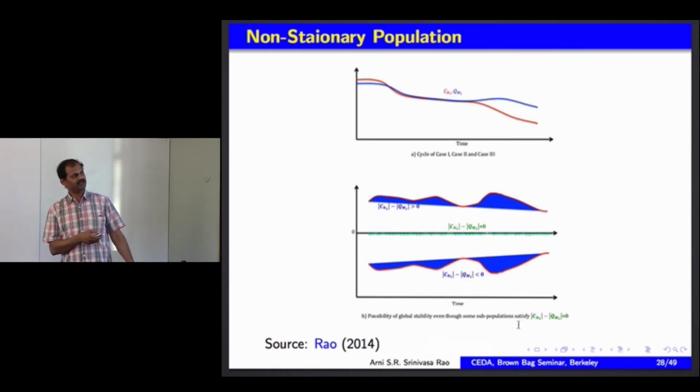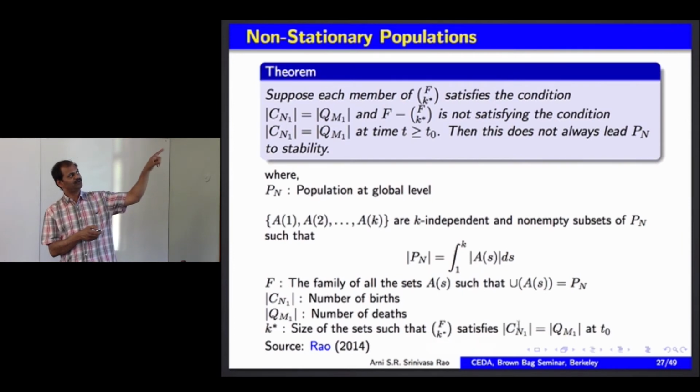It's a flat line because when Qn1 equals Qm1 under this condition, after a certain time, t greater than t0, F minus F is not satisfying the condition. Those members are not satisfying the condition, and some members are satisfying the condition.